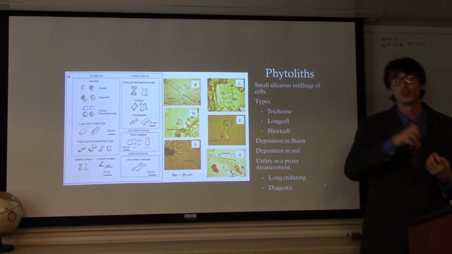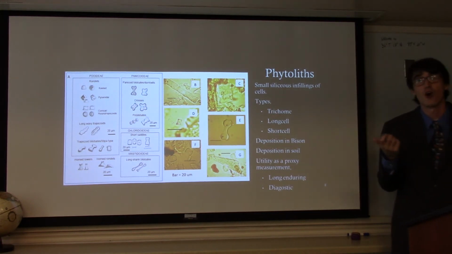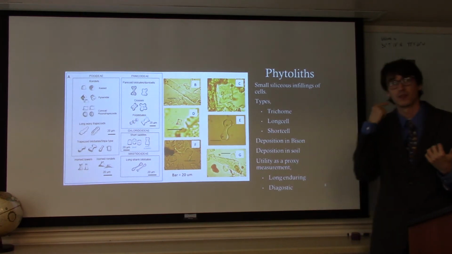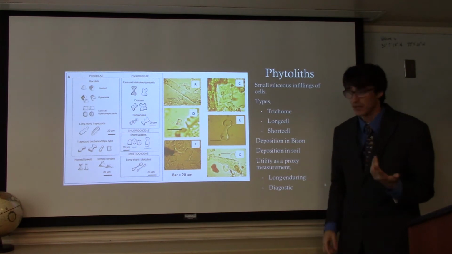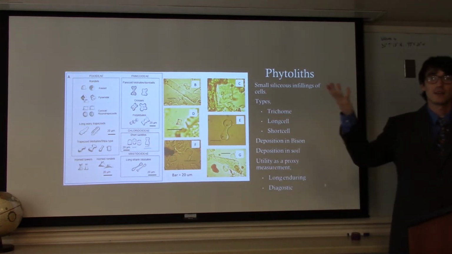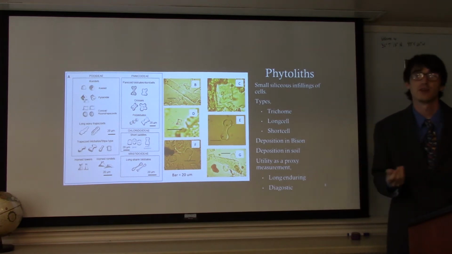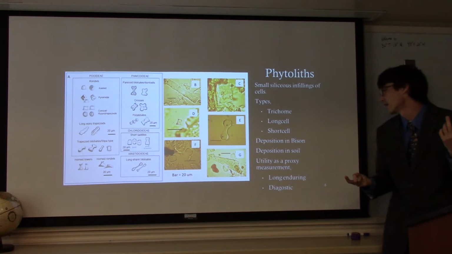So as the bison chew, these small siliceous structures, which are again hard, actually become impacted in the plaque on the teeth, or the calculus on the teeth. And then within the soil, it's a little bit easier. Again, the plant, which holds the phytoliths, dies and rots away. Because of their non-biologic siliceous makeup, these phytoliths are left behind.